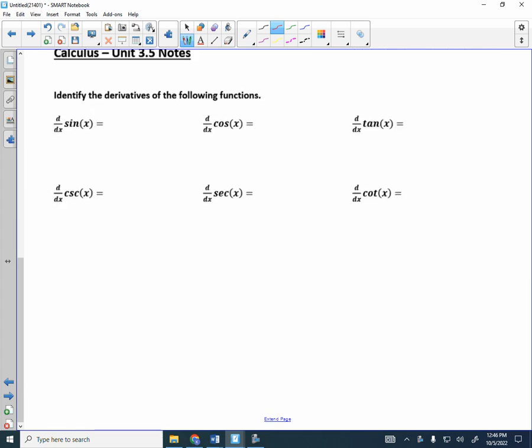This is notation for derivative. So this means the derivative. So the derivative of sine is cosine. All 6 of these you need to memorize for the test. Okay.